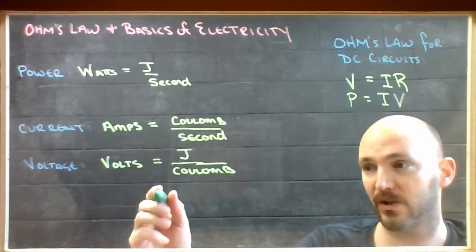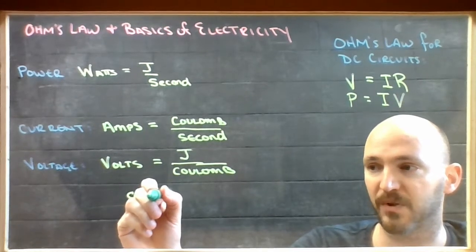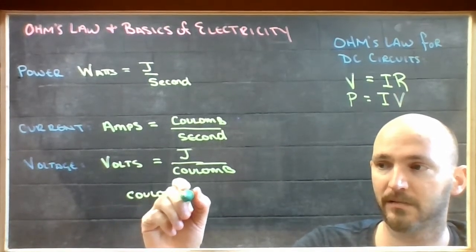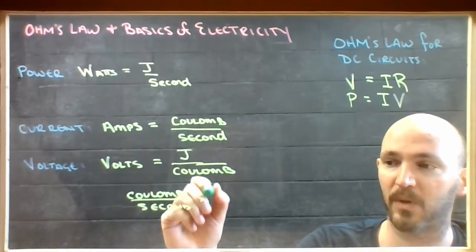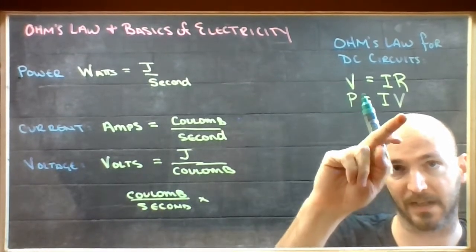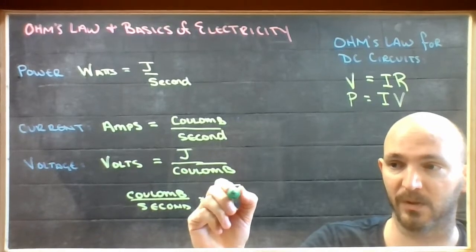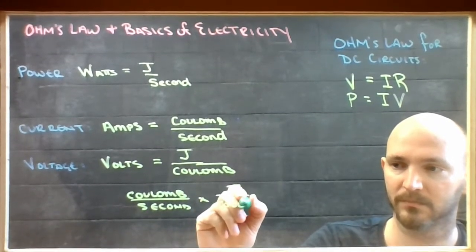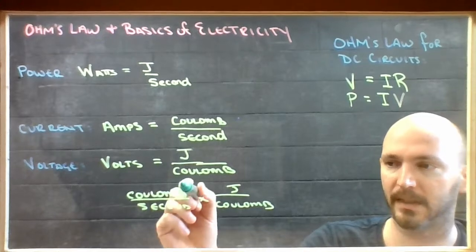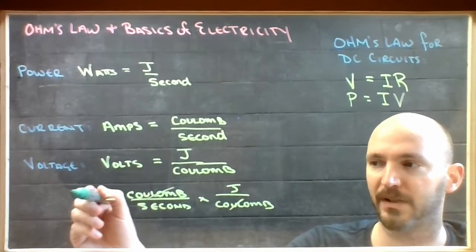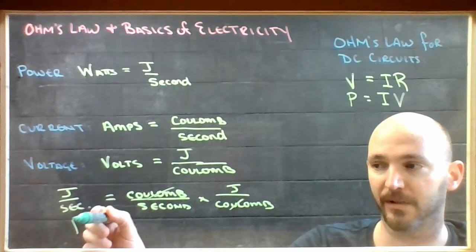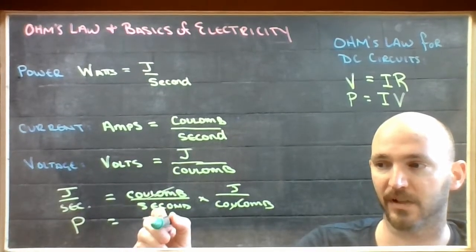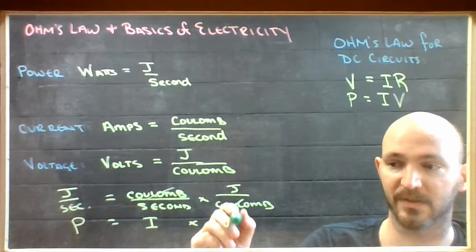So that if I took coulombs per second and I multiplied it by joules per coulomb, then these undo each other, and I'm left with joules per second, which is power. This was current. This was voltage. So that works out tidily.